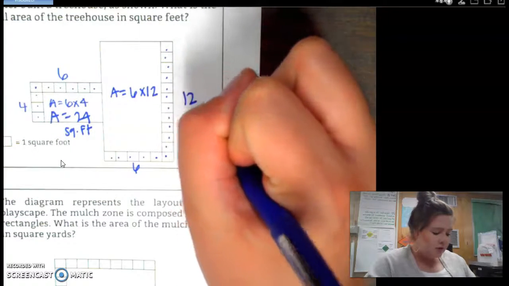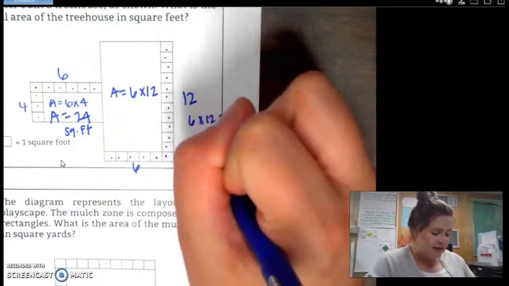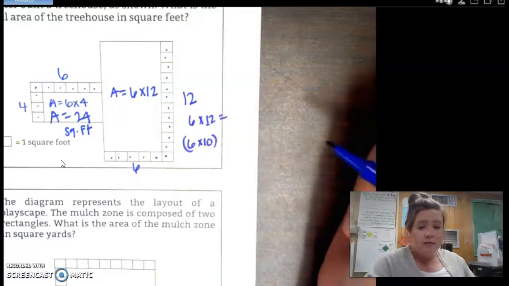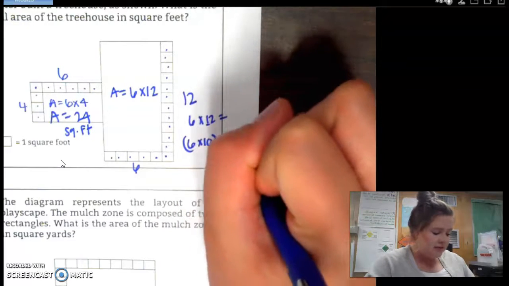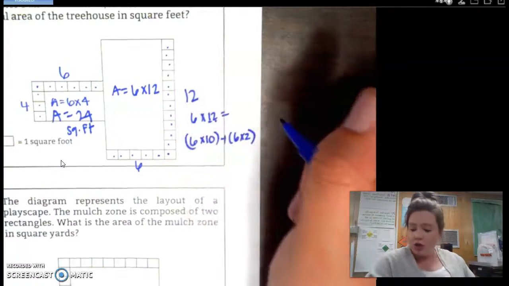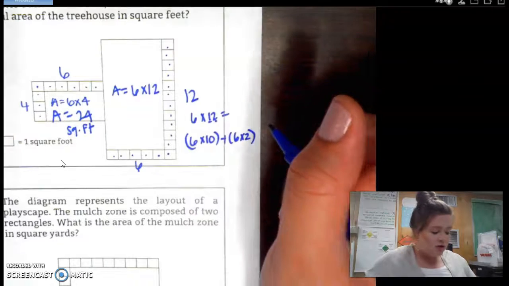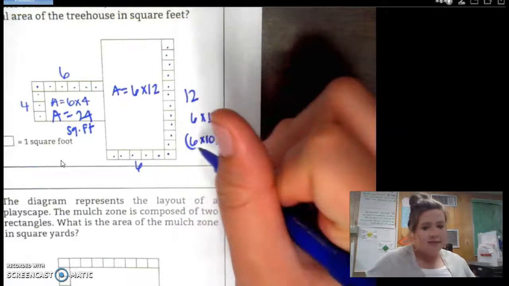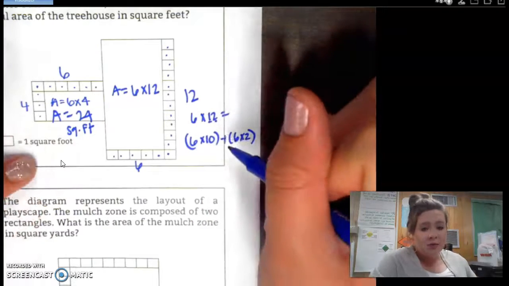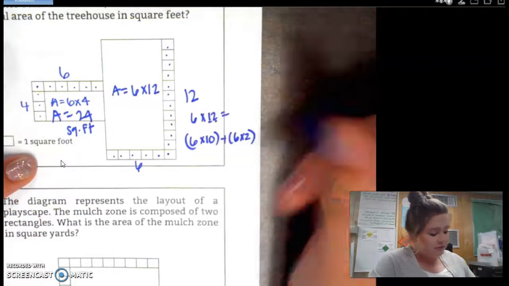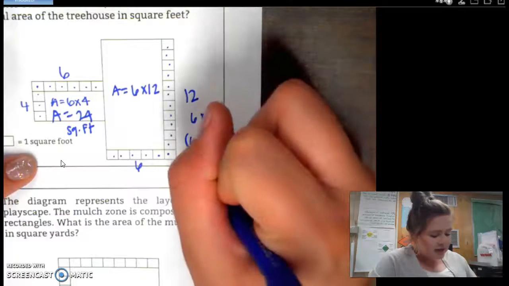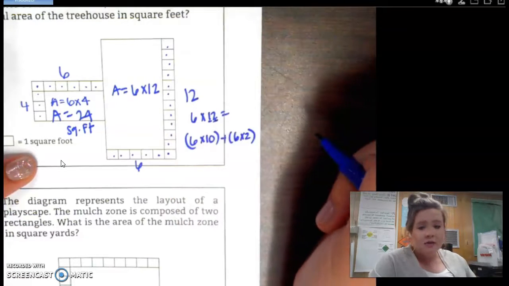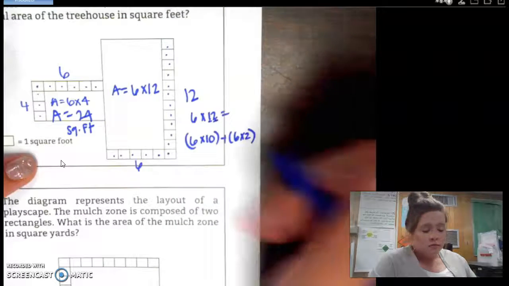6 times 12 equals, I'm going to do 6 times 10, because I have a 1 in my tens place, plus 6 times 2, because I have a 2 in my ones place. 6 times 10 is 60.